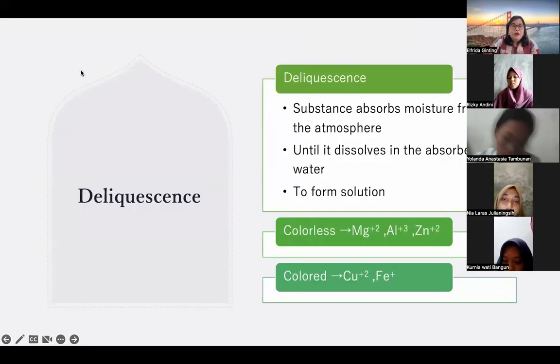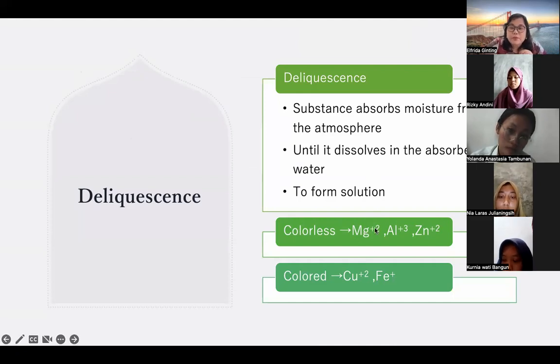Now, for this cation, there are colorless cations also.